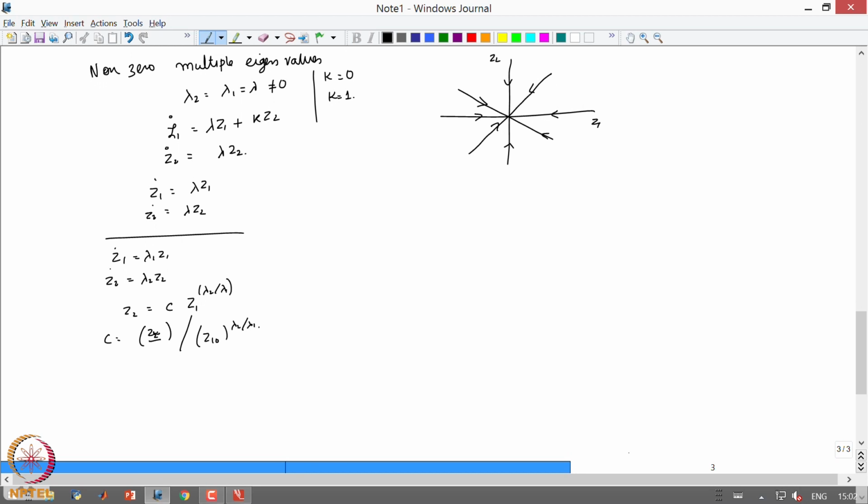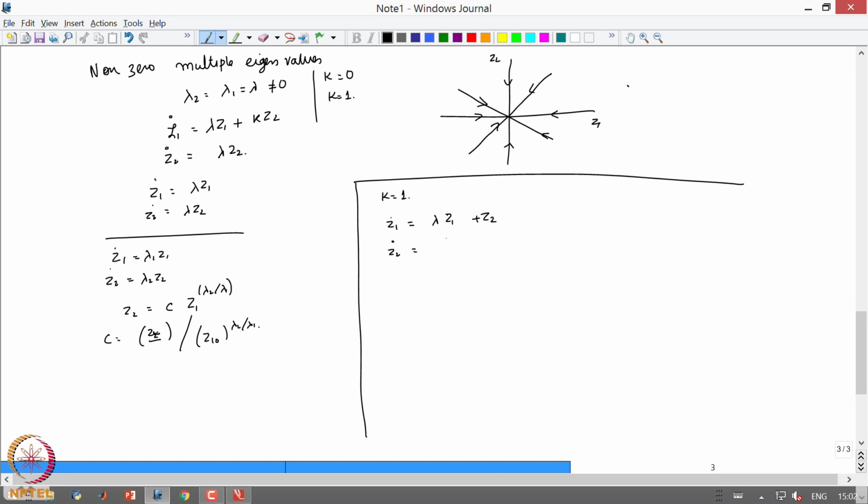What is also interesting is the case when k equals 1. This should be easy to plot, and you can check it by yourself. When k is equal to 1, I have z1 dot is lambda times z1 plus z2, and z2 dot is lambda times z2.